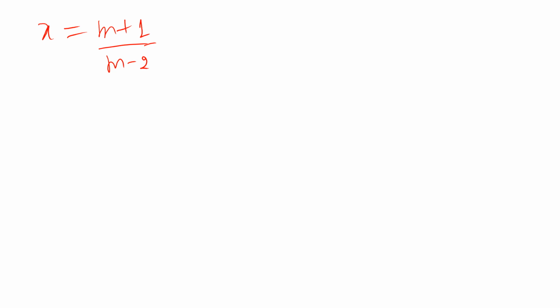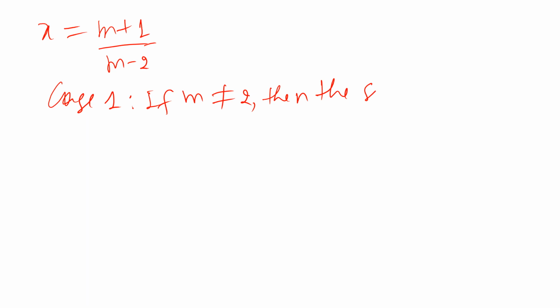Then case number one: if m is different from 2, then the solution is x equals m plus 1 over m minus 2. Since if m is different from 2, we are able to get x.